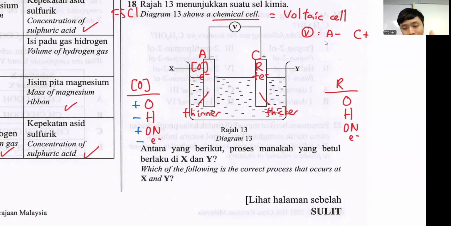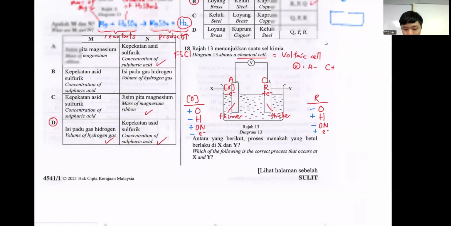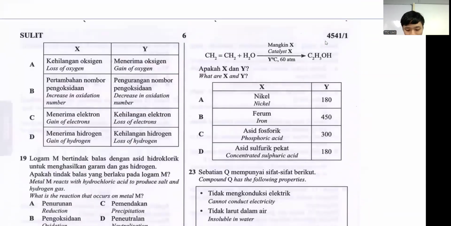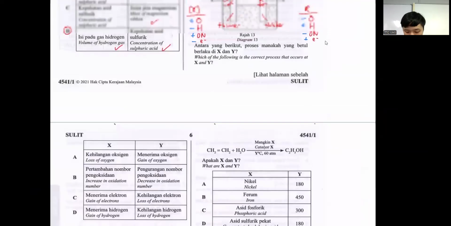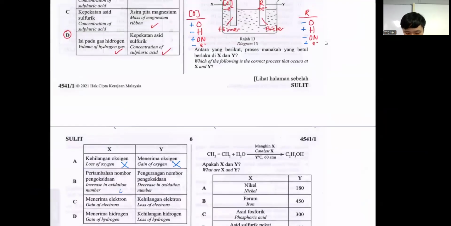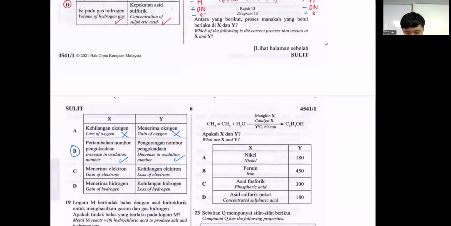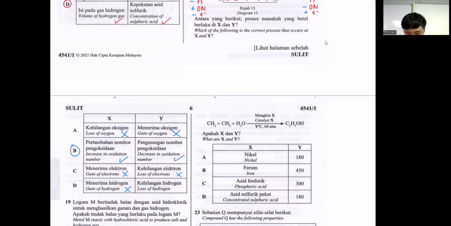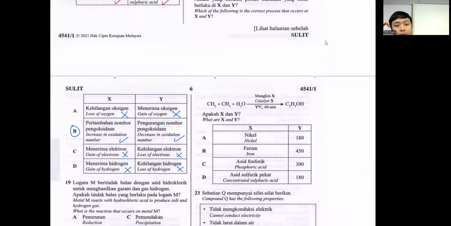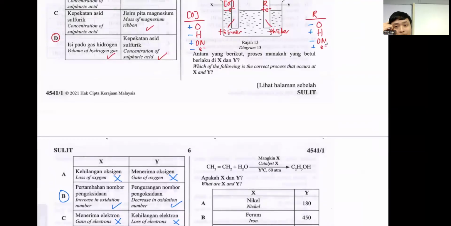Reduction means lose oxygen, gain hydrogen, decrease in oxidation number, gain electron. So let's see. Loss of oxygen, A is wrong. B is correct. C wrong. D wrong. Yeah, the answer is B.